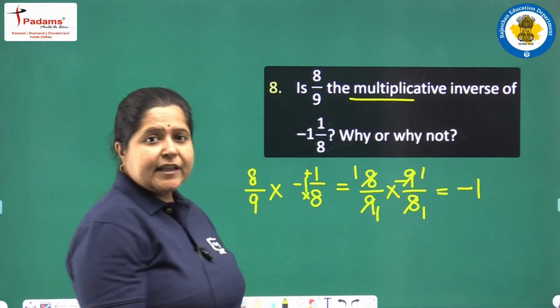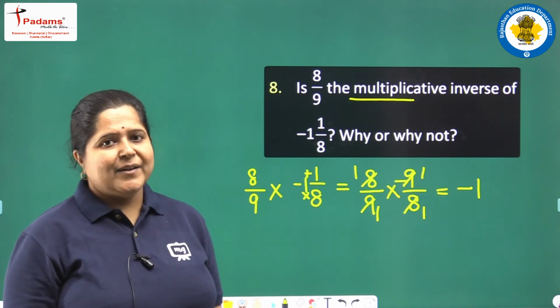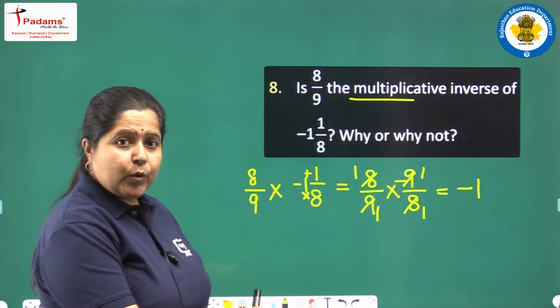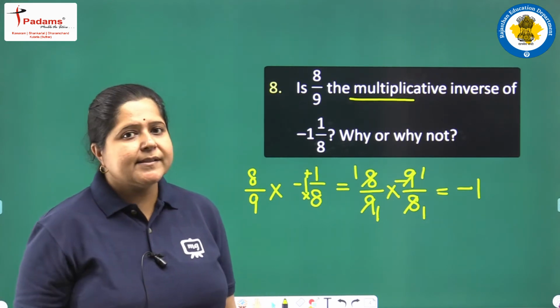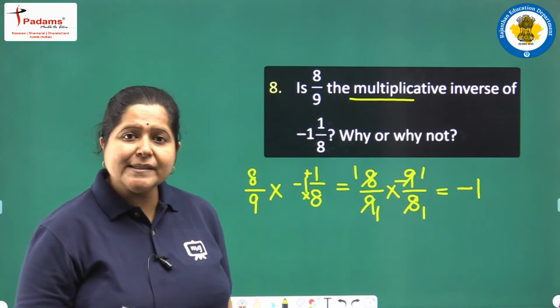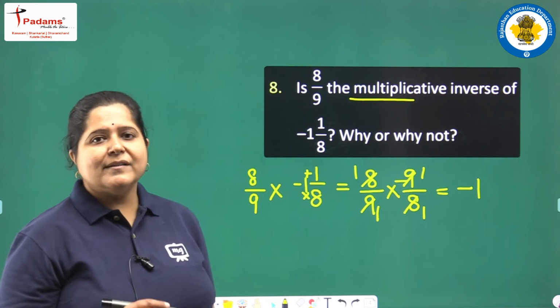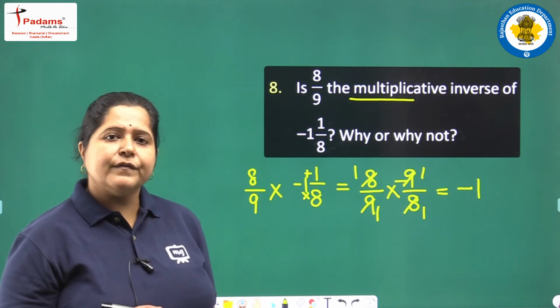So are we getting the multiplicative identity here? No, we are not getting the multiplicative identity. Though they both are cancelling each other, but still we are not getting the multiplicative identity. So they both are not the multiplicative inverse of each other.